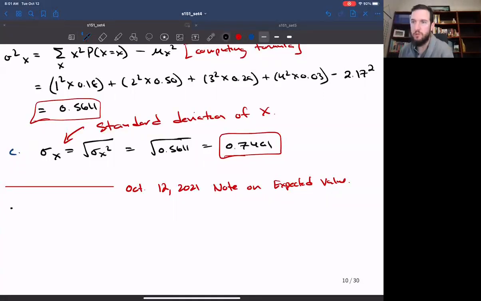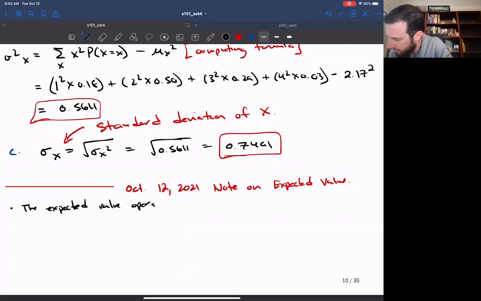Okay, so just very briefly, this isn't an overly taxing mathematical relationship, but the expected value operator E of X is a linear operator.